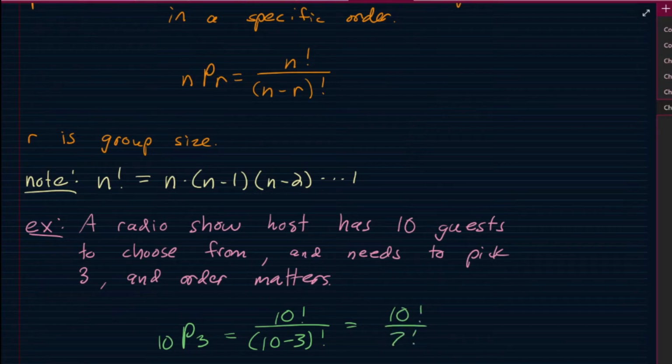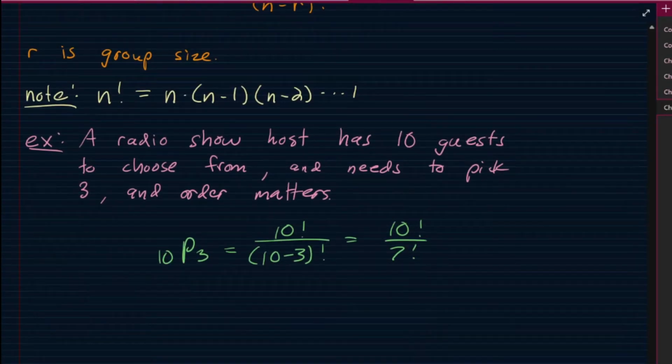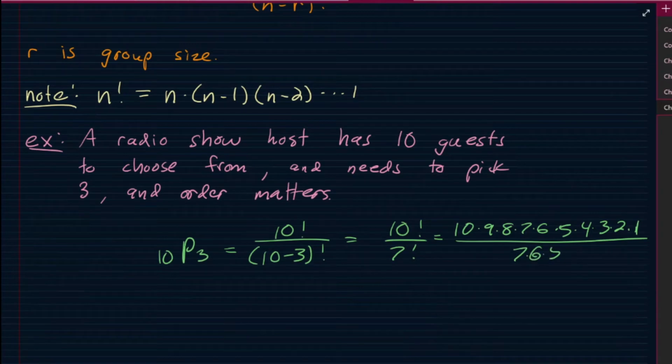So we could do a lot of simplification here. What's 10 factorial? It's 10 times 9 times 8 times 7 times 6 times 5 times 4 times 3 times 2 times 1. And 7 factorial is 7 times 6 times 5 times 4 times 3 times 2 times 1. All of these are going to cancel, and we're actually just left with 10 times 9 times 8, which is 720.